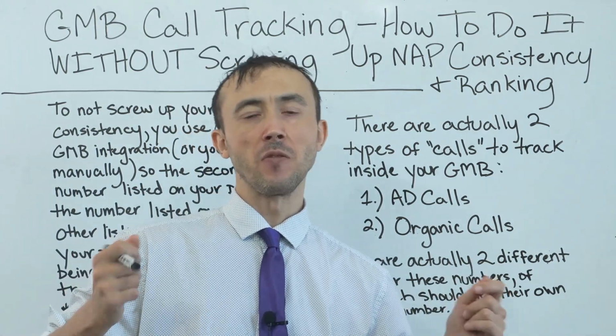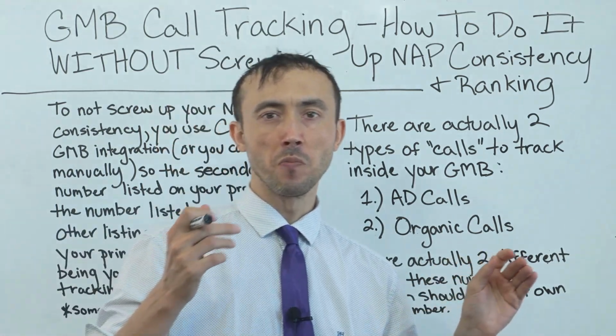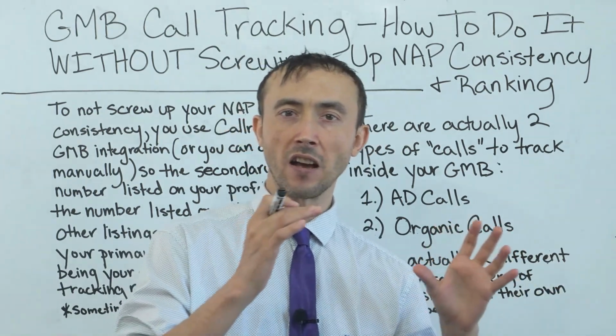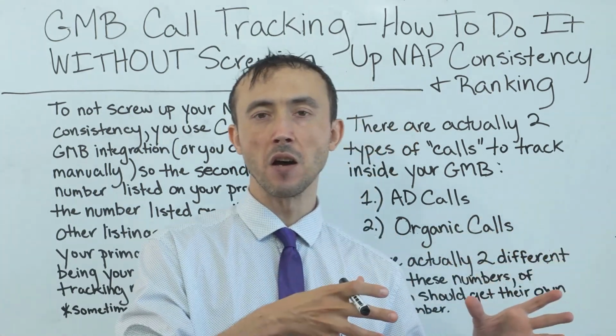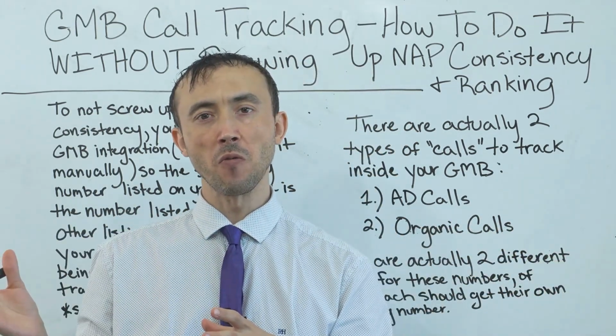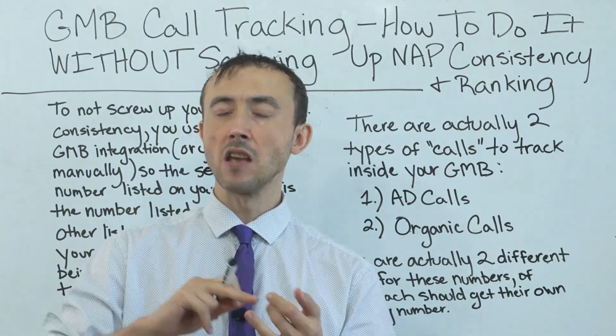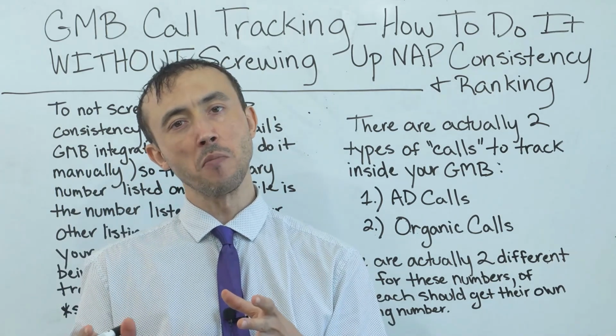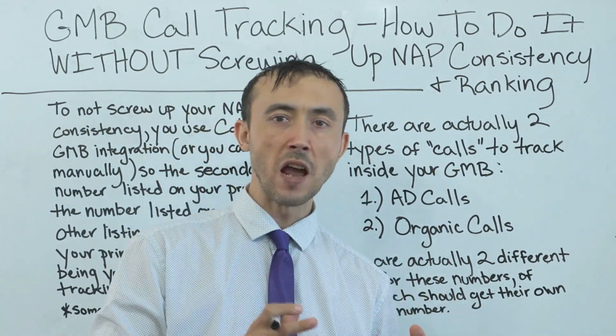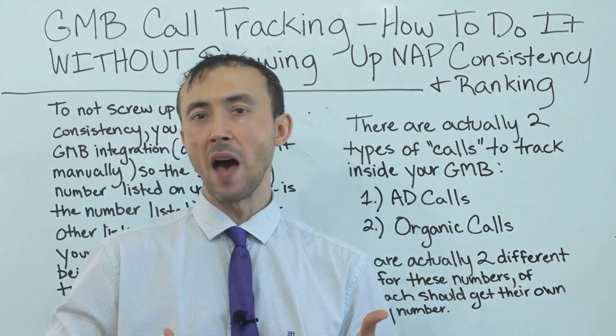And knowing that if you change your Google business profile to track phone calls using a tracking number, and all the rest of your profiles on Yelp, on Bird Eye, and all these other places show a different number, it's going to hit your rankings on the 3-pack on Maps.